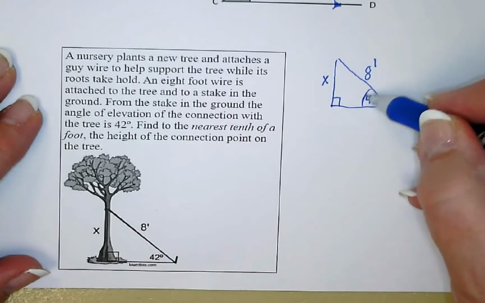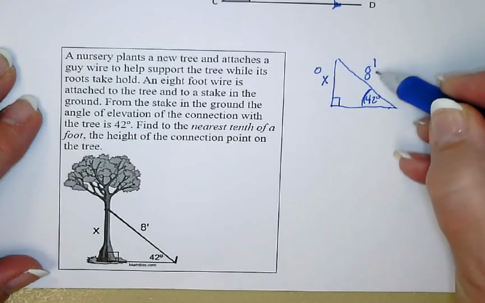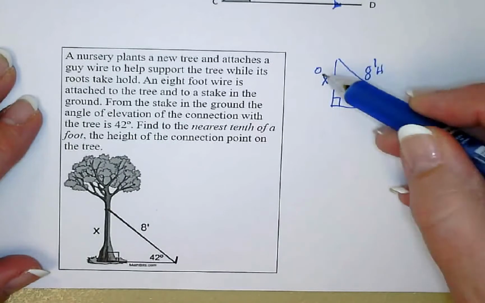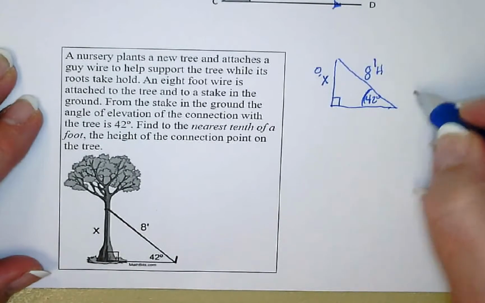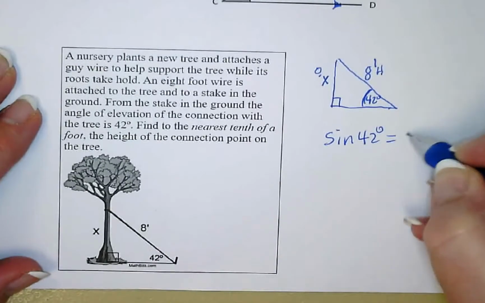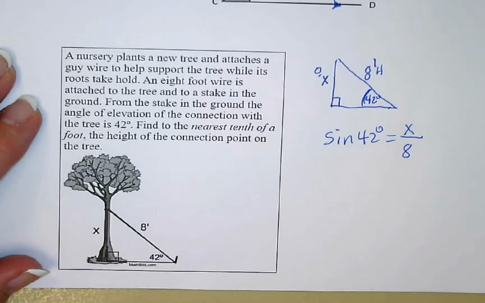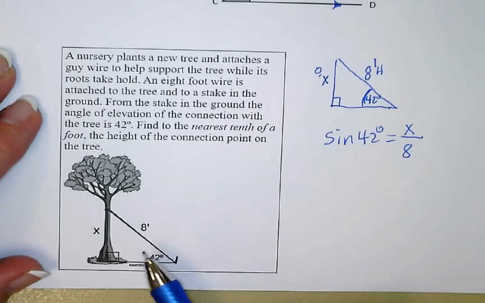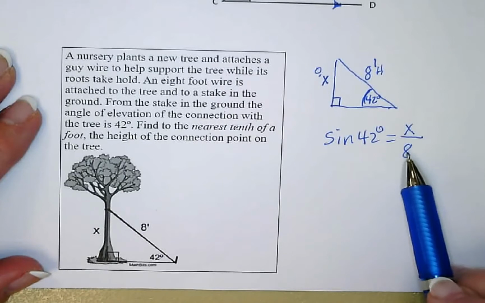I've got this angle, and I'm noticing this is my opposite side, and this is my hypotenuse. So opposite and hypotenuse indicate we must use sine. The sine of 42 degrees is going to be the opposite over the hypotenuse. So that's taking the information from the triangle and setting up our trigonometric ratio and our equation.